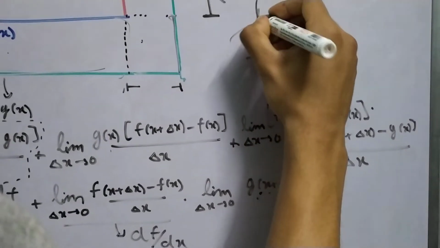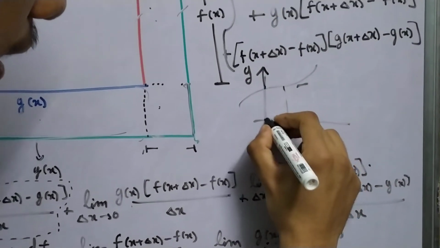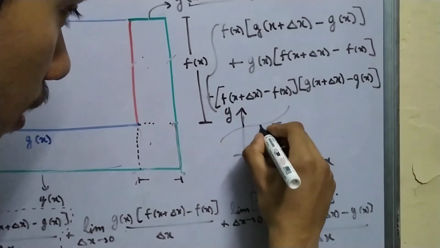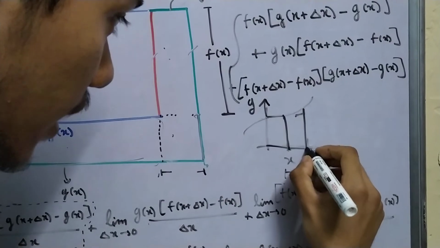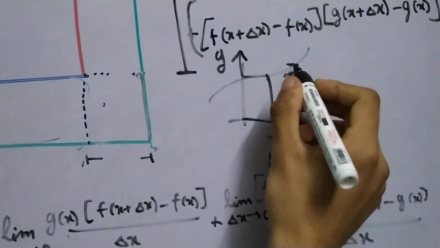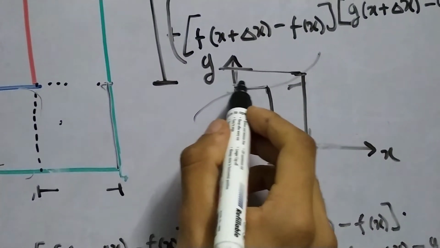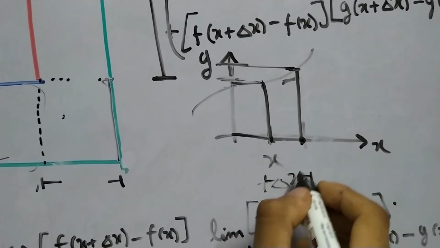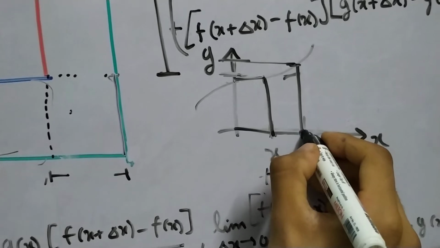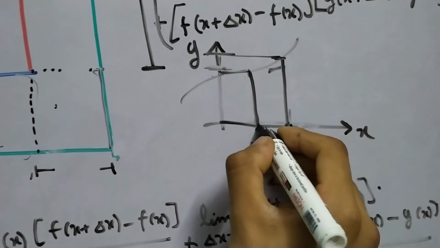You can see this visually. If you are plotting g with respect to x, this is your g of x, and this is your g of x plus delta x. This length will be delta x. As your delta x reduces to 0, this point will gradually move towards this point.